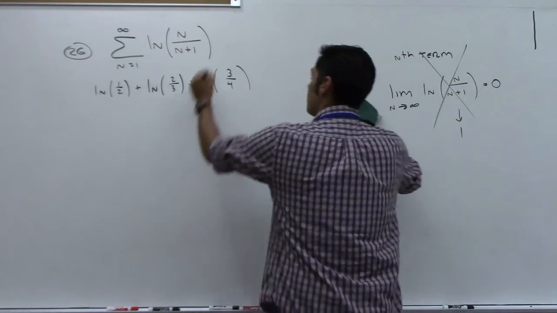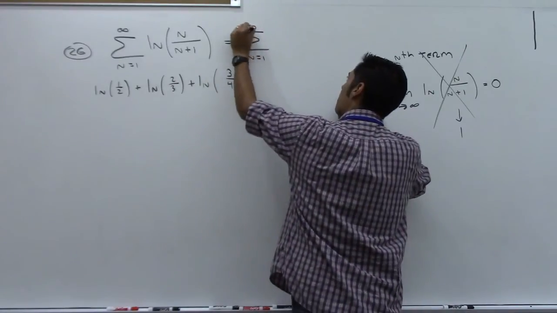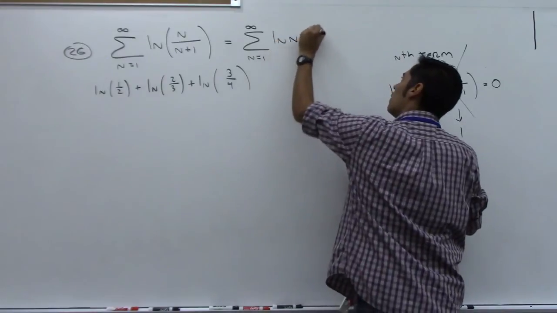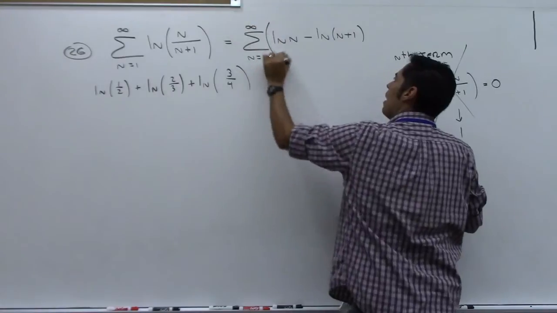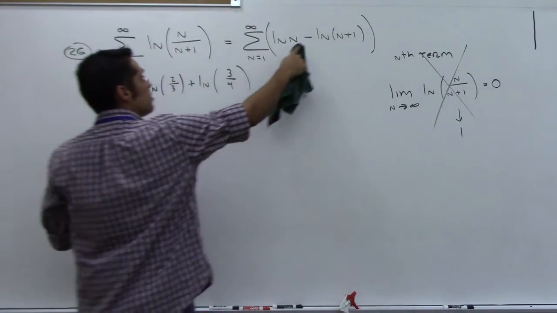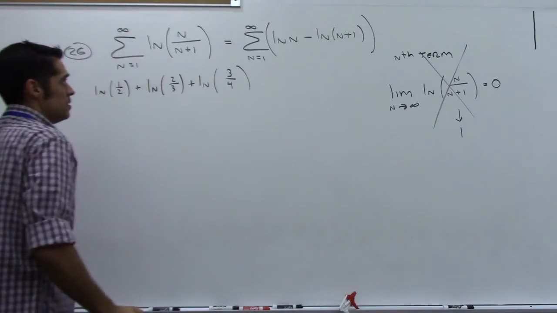So what we notice is that we can use the property of logs and split this into 2 logs, right? So if we have division inside of a log, it can turn into subtraction between 2 logs. And now when I write out the series, let's see what I get.